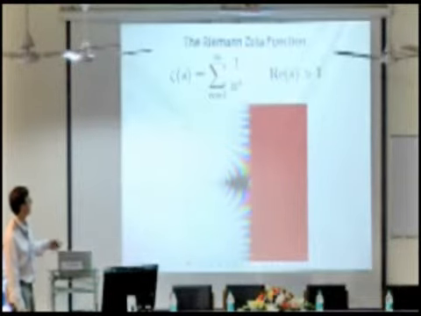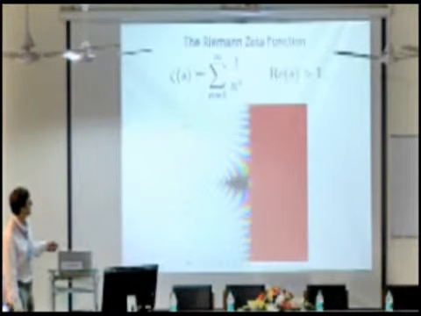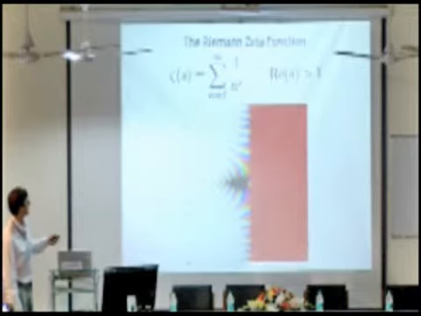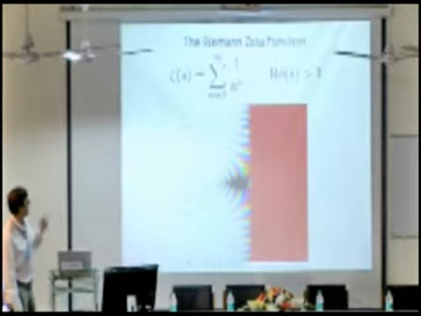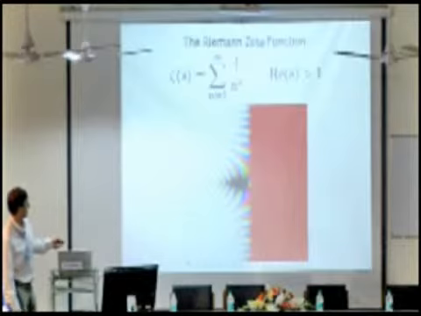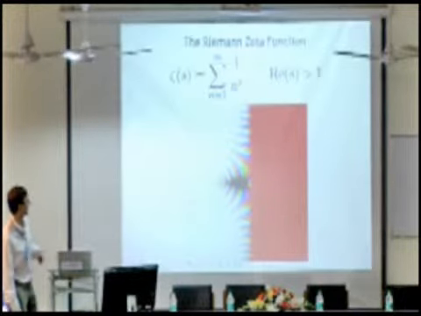So this is the complex S-plane here, the real S-axis and the imaginary S-axis. Even though the sum only converges when the real part of S is greater than 1, basically in this red region, by extrapolating from the region where it does converge, you can analytically continue and obtain a unique function all over the complex plane.